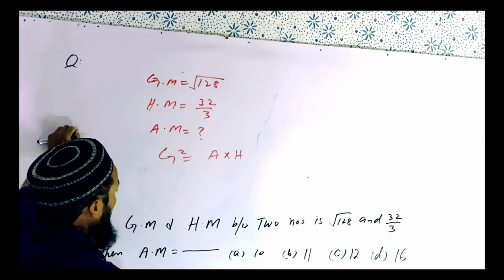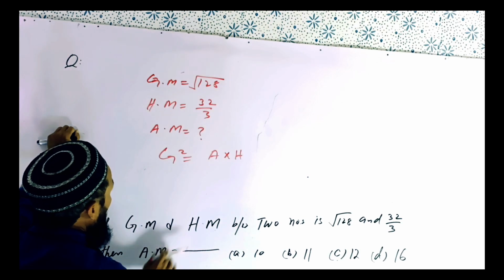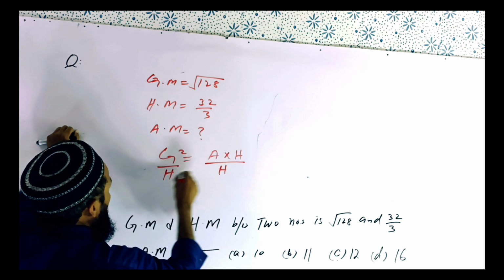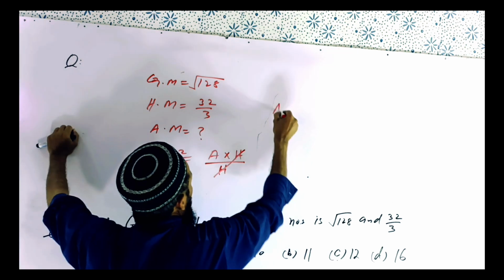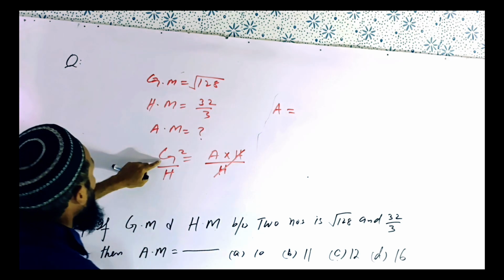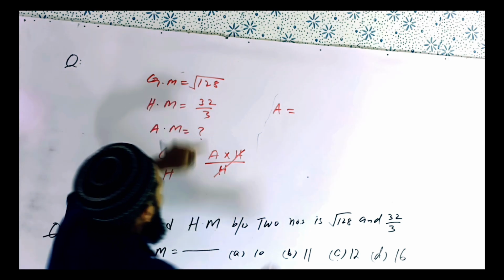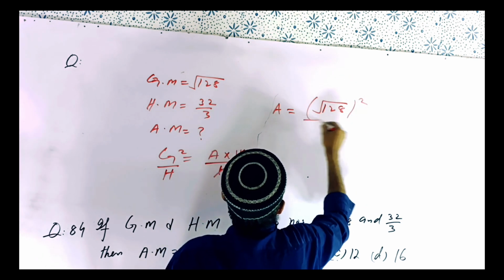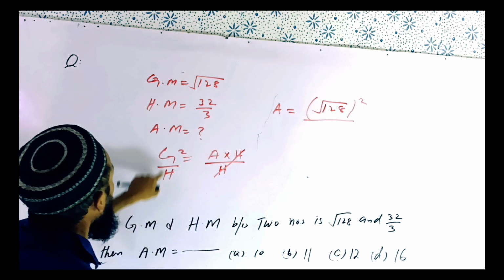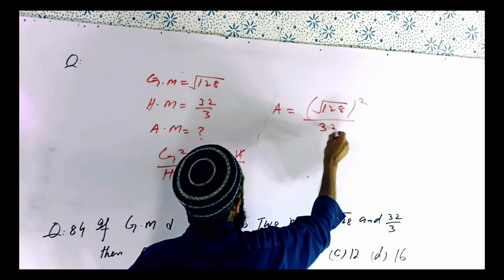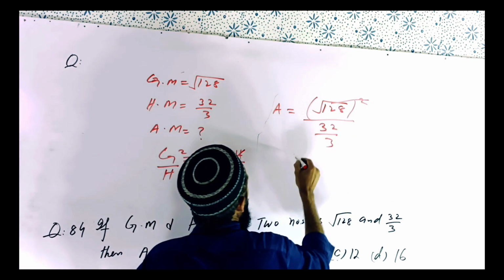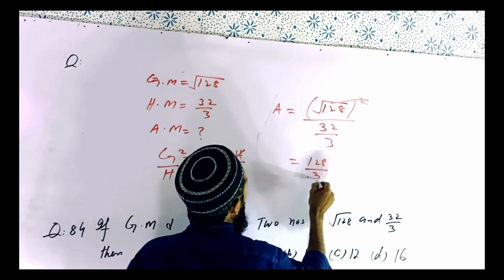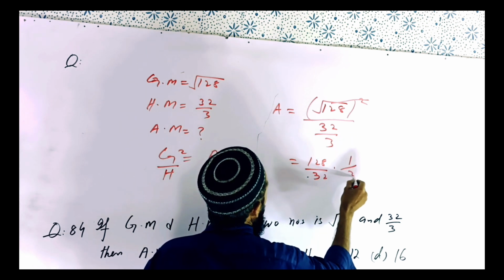Since the arithmetic mean is required, dividing both sides by H, both are cancelled. We get A is equal to geometric mean squared. If we take the square, we get 128 squared, divided by the harmonic mean, which is 32 divided by 3.